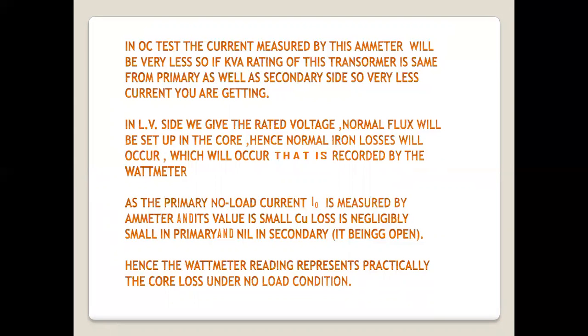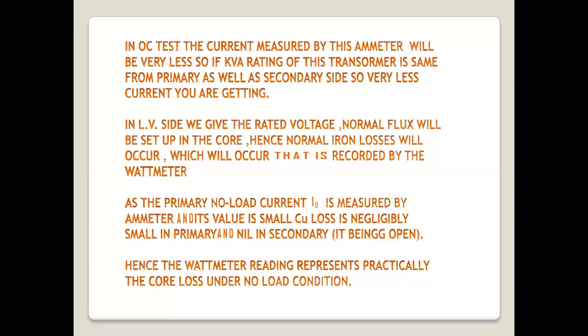On the low voltage side, we give the rated voltage. Normal flux will be set up in the core. Hence, normal iron loss will occur, and that is recorded by the wattmeter.